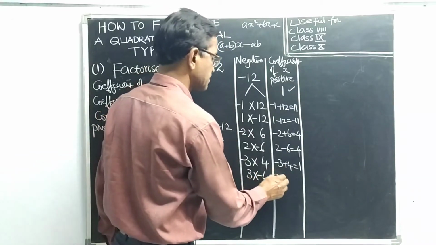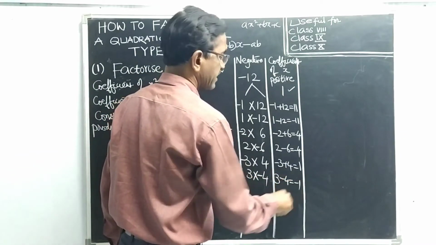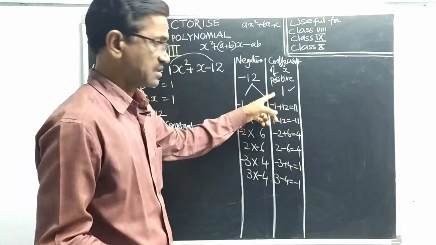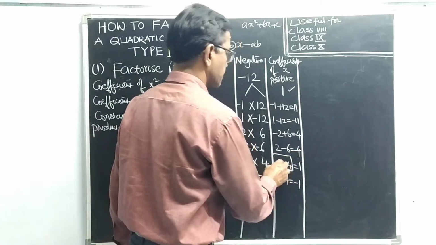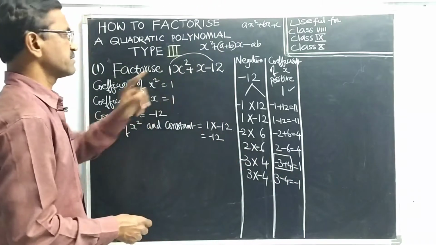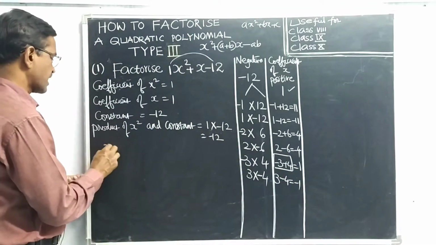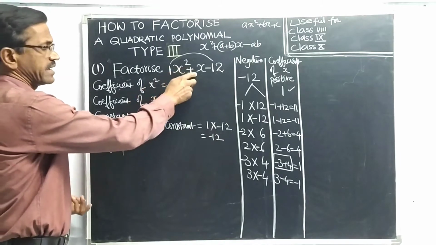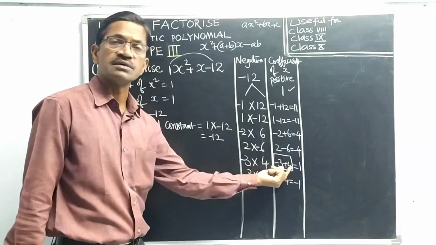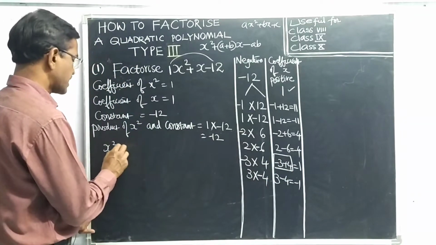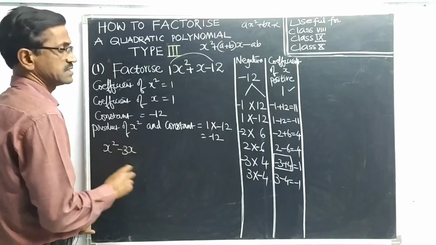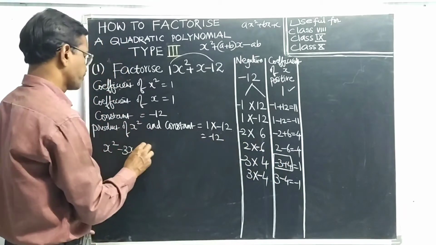In this case 3 minus 4 is minus 1, so it does not match. 1 is here, so let us take this pair and split the x term. We have to write the x term as a sum of two terms. So that is minus 3x plus 4x.